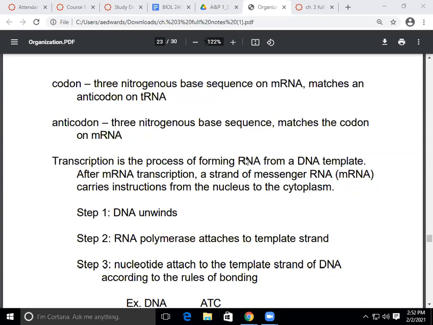Your tRNA looks like a clover, as I said. It's going to bring over, and it's going to have its own matching sequence. This is your anticodon for the tRNA.